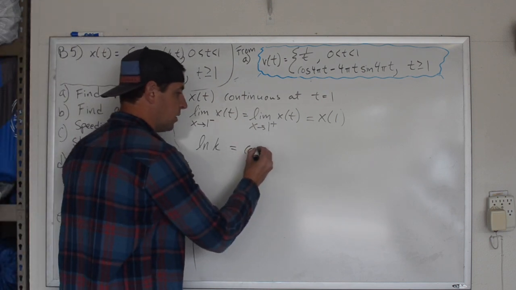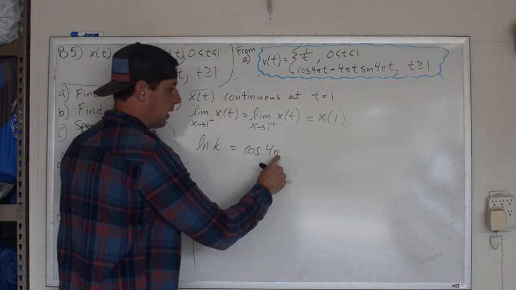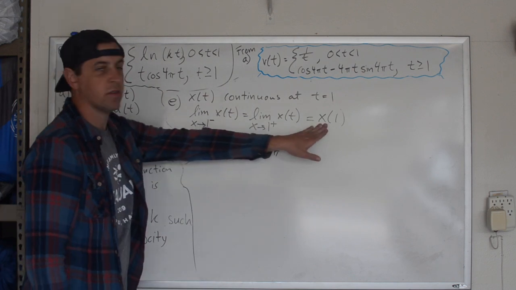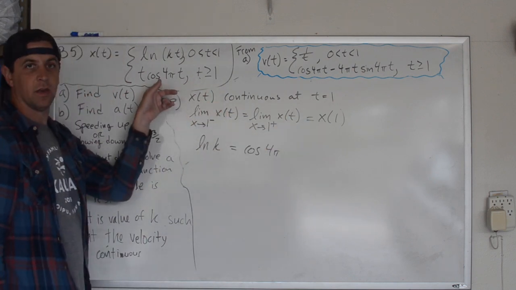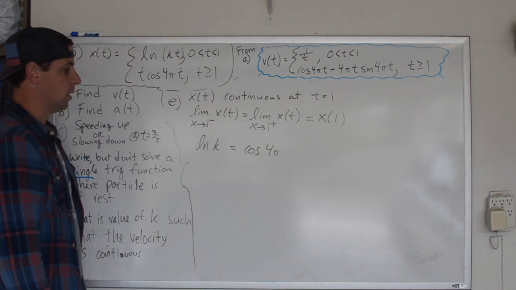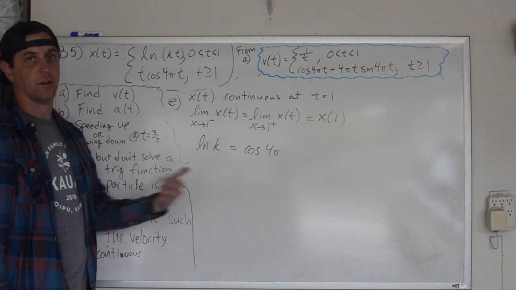So that's going to be cosine of 4 pi times 1. And then x of 1 is going to be the same thing as this function. So this part is already satisfied and absorbed in here. So now we need to evaluate this and see what value of k would make the function continuous.